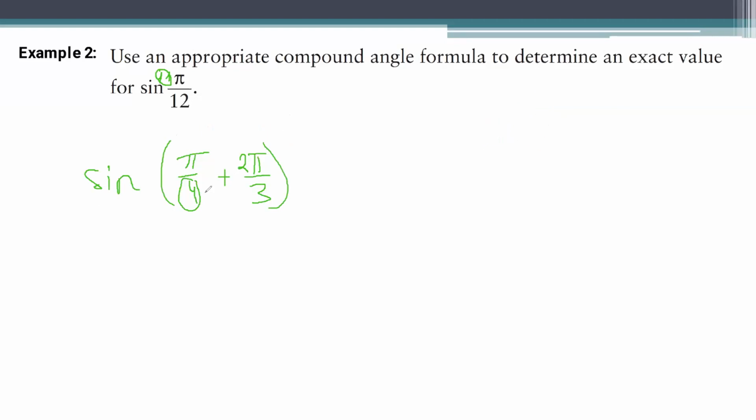Pi over 4 plus 2 pi over 3, to get a common denominator I multiply this by 3 and this by 4, so it's going to be 3 pi over 12 plus 8 pi over 12. Together it gives me 11 pi over 12. Great, so I can use that.